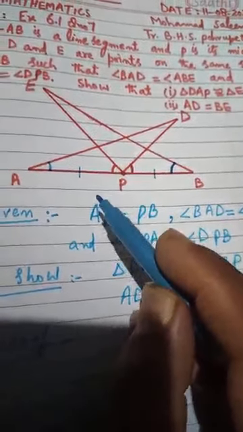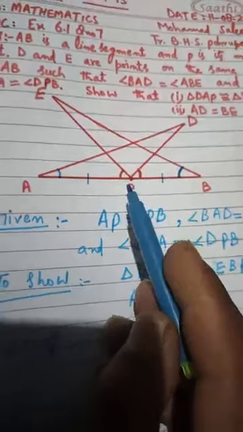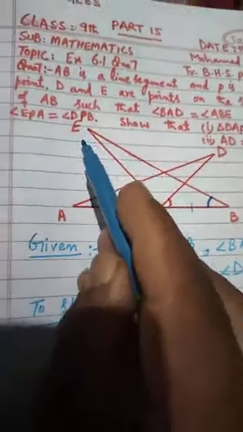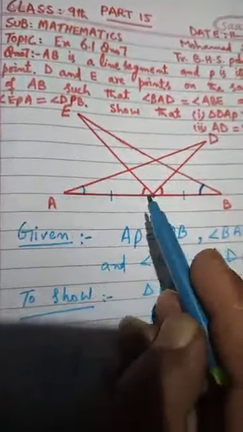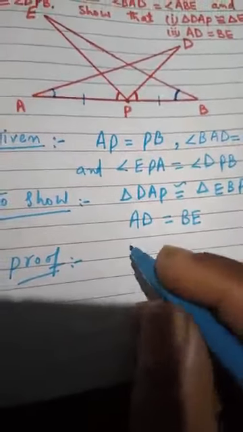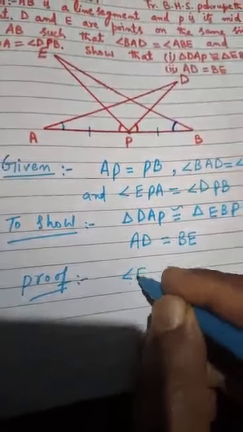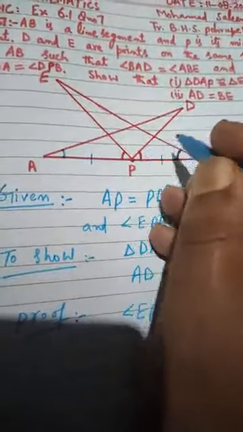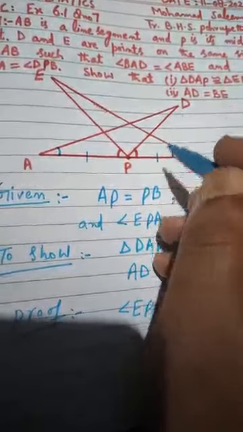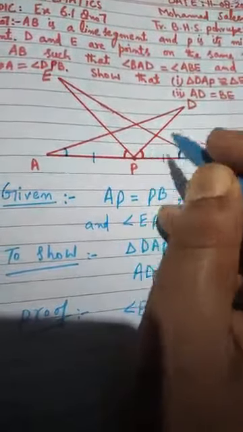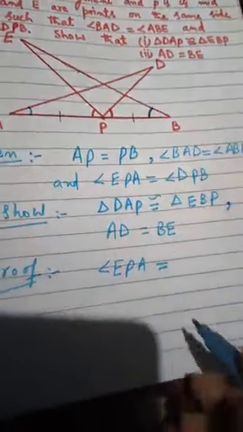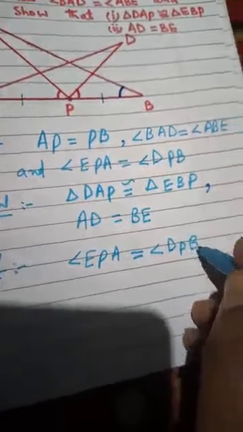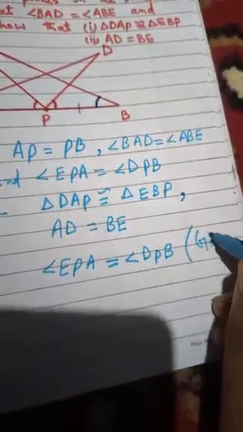Angle EPA, that means this angle, is equal to this angle, angle DPB, and this is given.